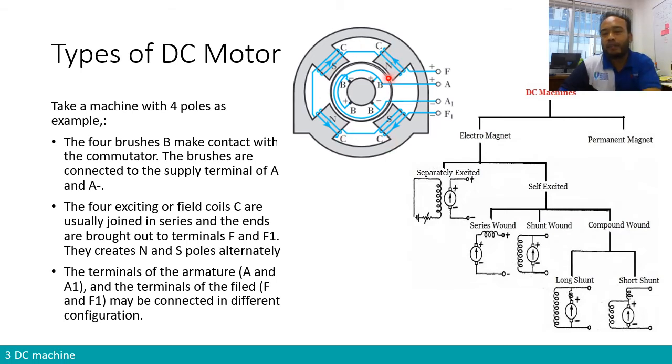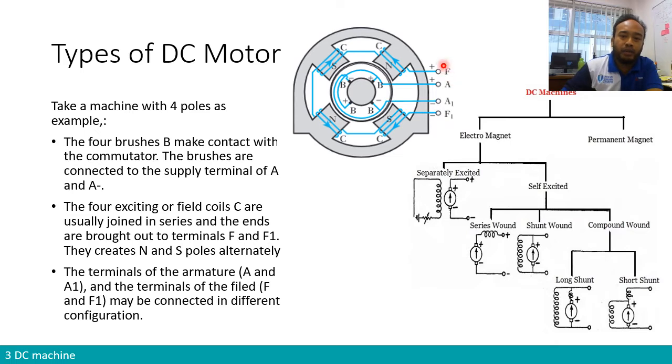You can see that, for example, in this first pole the winding goes in this direction, whereas when it goes to another pole, the winding goes in the opposite direction, so as to create alternating north south poles. They are usually connected in series and brought out together at the terminals F and F1. So F and F1 will need another power supply.